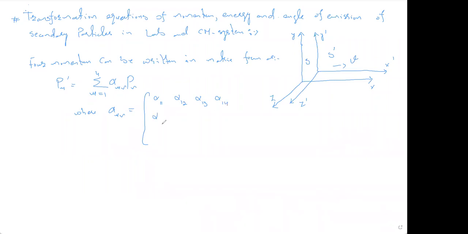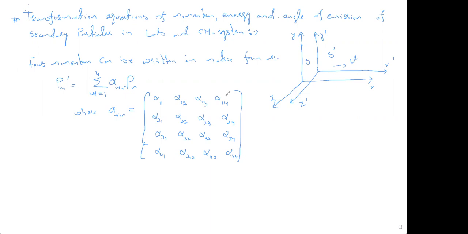Similarly, the second row elements will be alpha 2 1, alpha 2 2, alpha 2 3, alpha 2 4. The third row elements will be alpha 3 1, alpha 3 2, alpha 3 3, alpha 3 4, and the last row will be alpha 4 1, alpha 4 2, alpha 4 3, and alpha 4 4. Now we will see what these elements are.